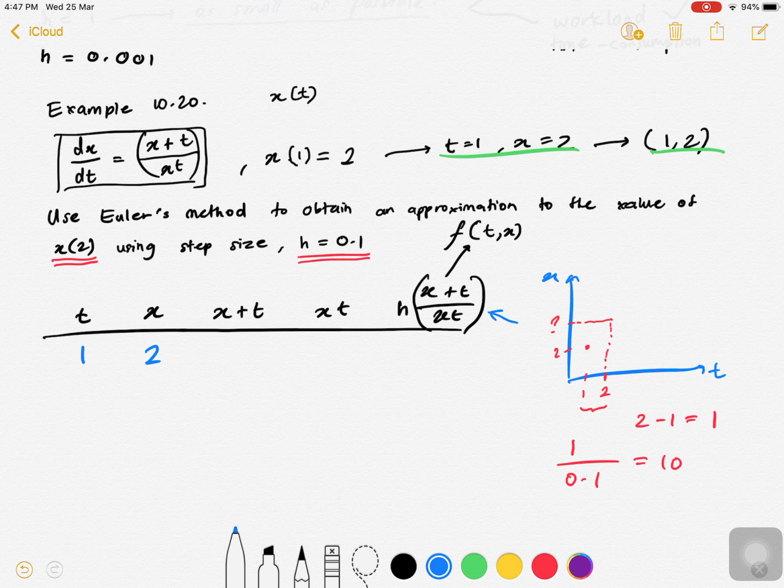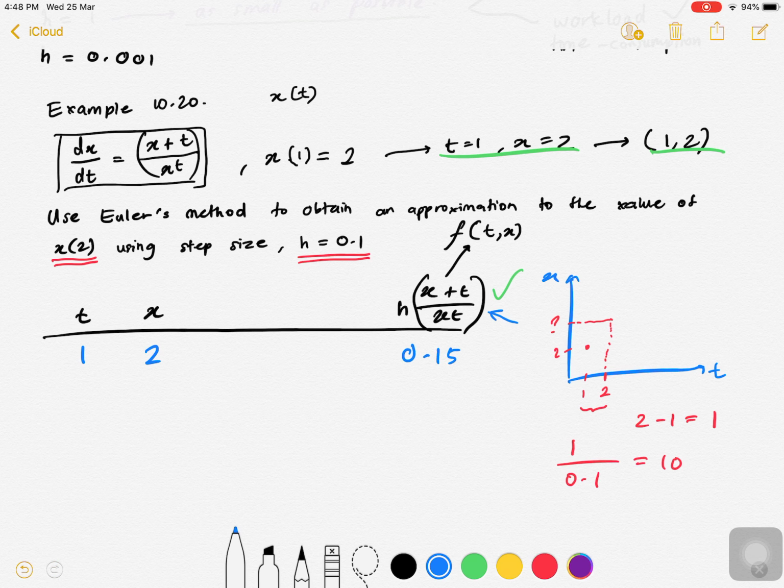We know the value of h. In this case, I don't want to follow the book, so I erase this column and just find this term. When I put 1 and x inside this equation, I get the same value as in the book, 0.15.